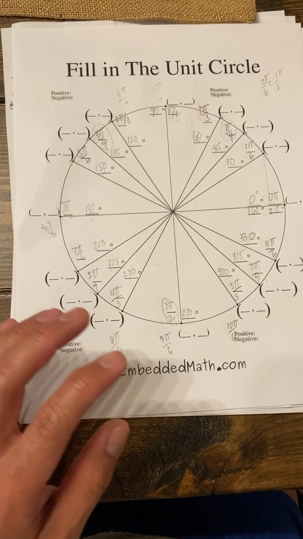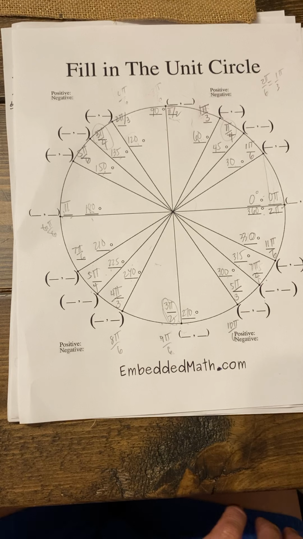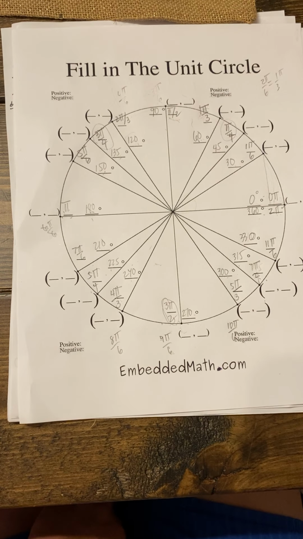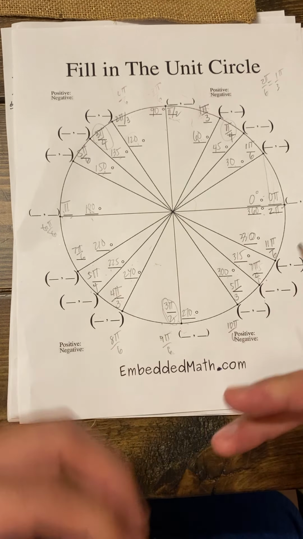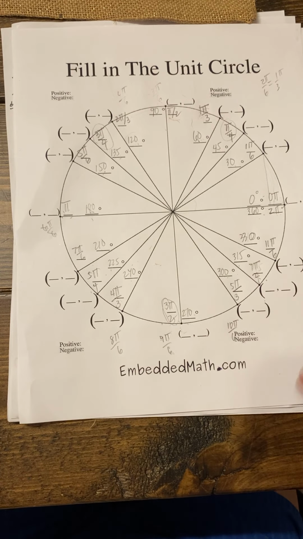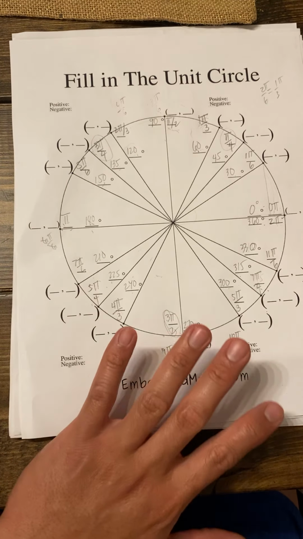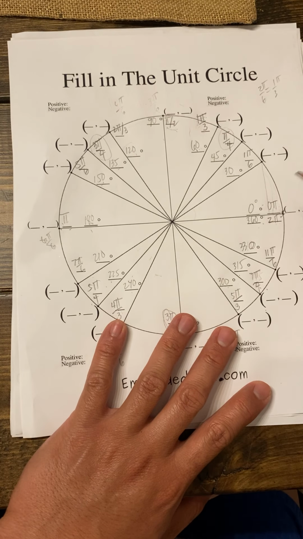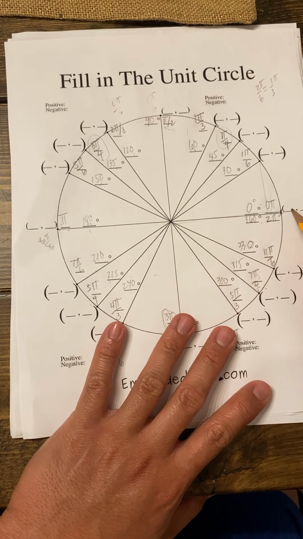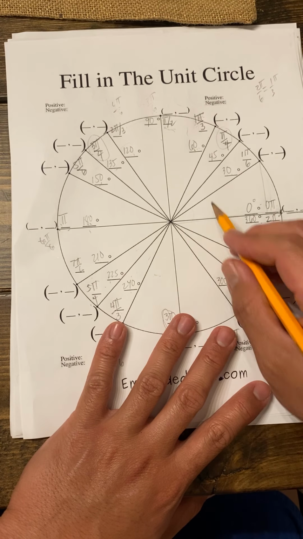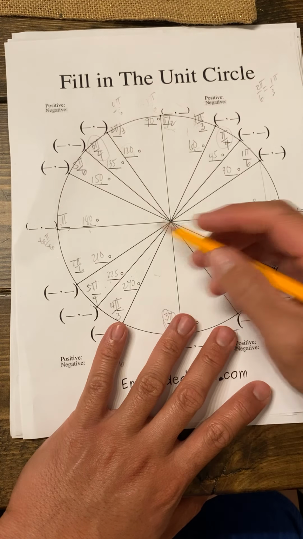Here's the portion that some of you can understand, but we have to learn the special right triangle here. So this point here, remember the radius here is 1. So what is the coordinate of this point here? If the radius is 1, everything there measures equal to 1 from the center.